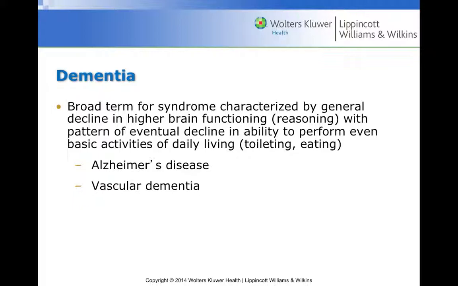Trying to reason with people that have this disorder using reality orientation only increases their anxiety without increasing their function. Personality changes are also usually evident. Patients may become depressed, suspicious, and even paranoid, hostile, or even combative.